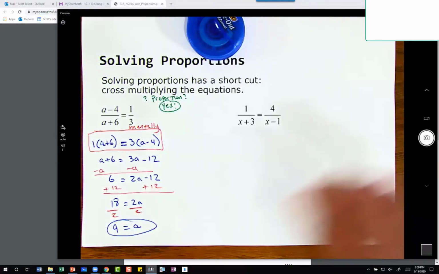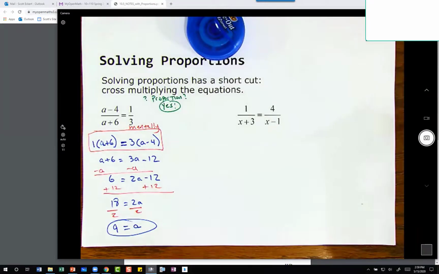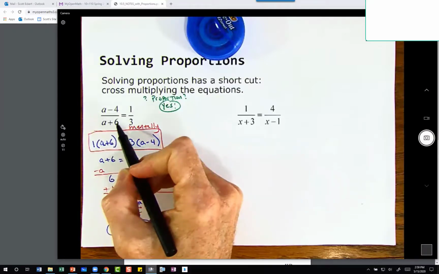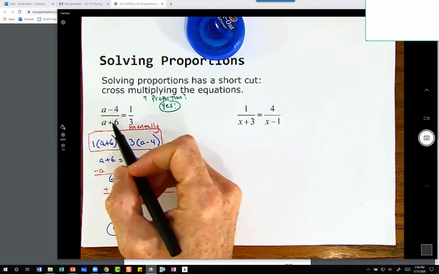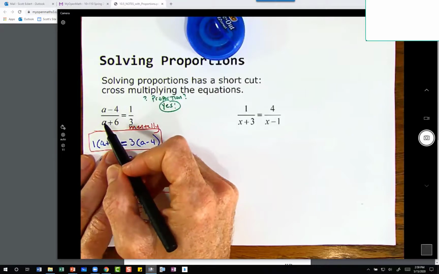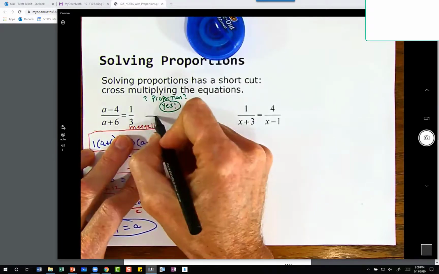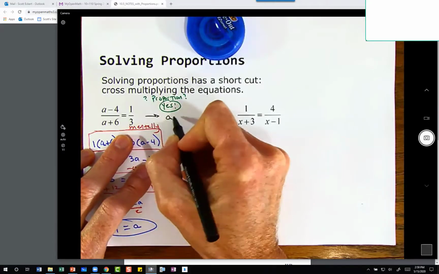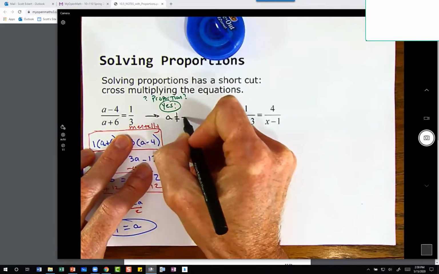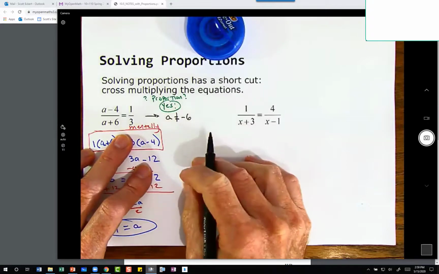We can't divide by 0. Is there a bad a that would make us divide by 0? -6. Right here. This fraction in the original equation, if that was -6, that would be 0. I'd be dividing by 0. So we have a restriction here that we have to take a note of. a is not allowed to be -6.